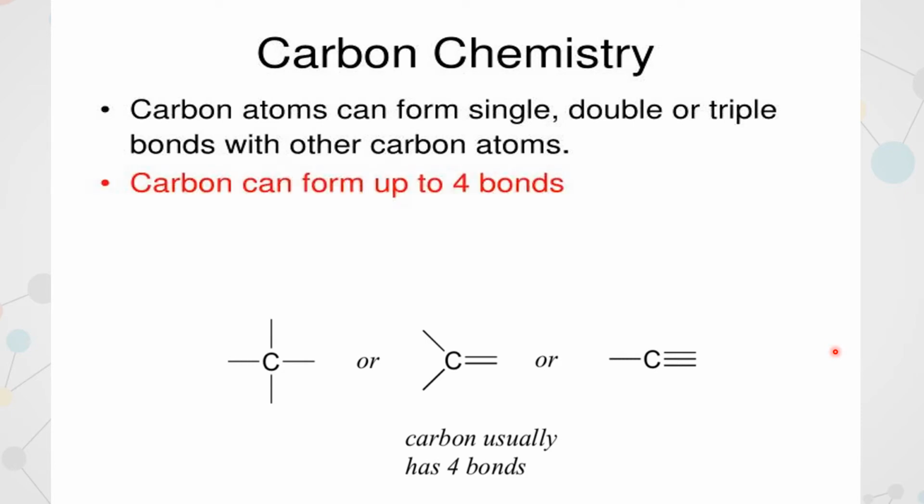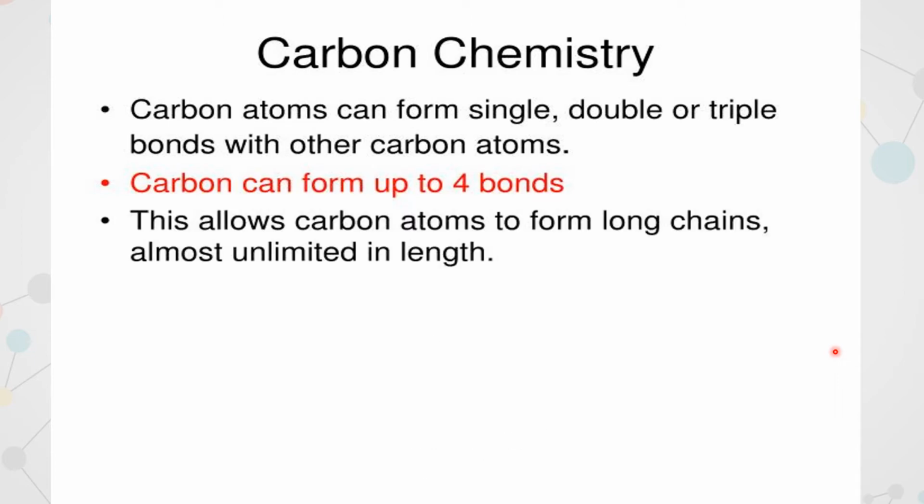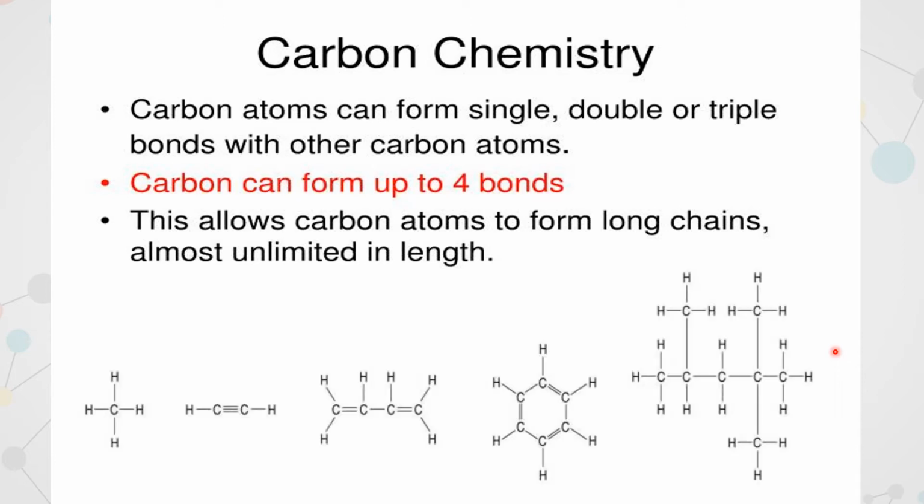Carbon can form up to 4 bonds, which most of the elements cannot do. This allows carbon to form long chains, almost unlimited in length. So the ability of carbon to bond with other elements makes carbon form long chains of compounds.